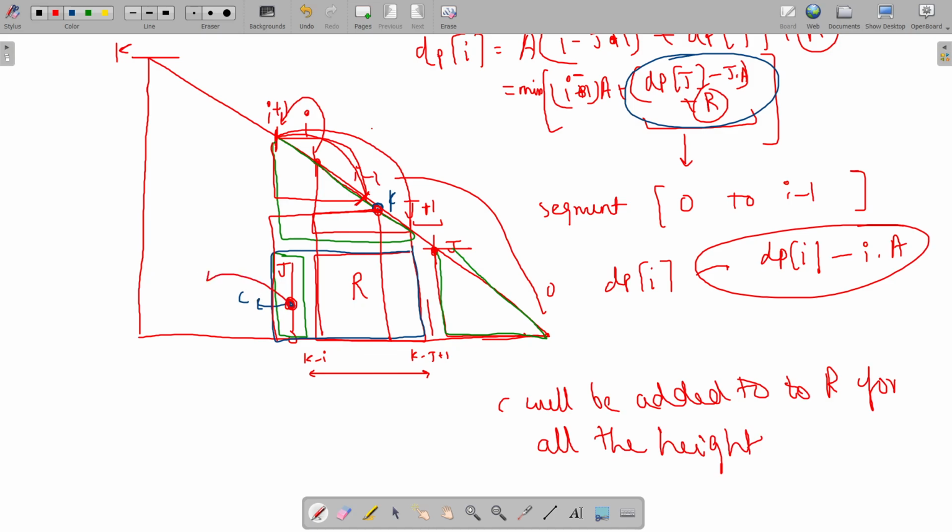Suppose this is at some height P1. So for some index I plus 1, all the elements which have some cost, we will look at them one by one.